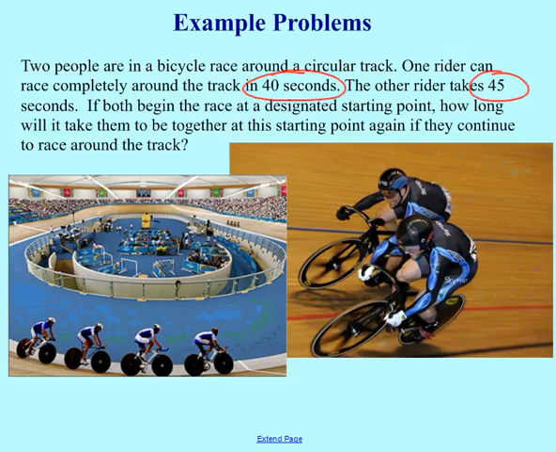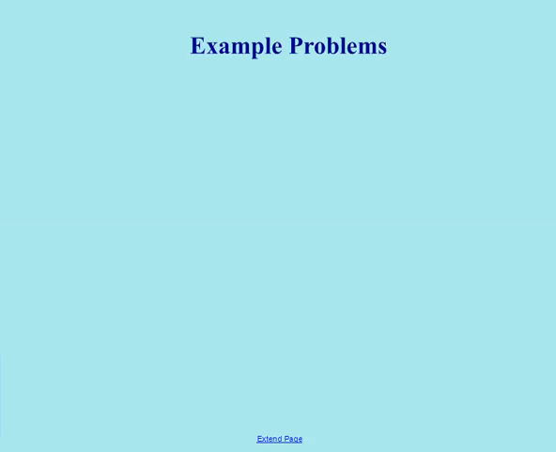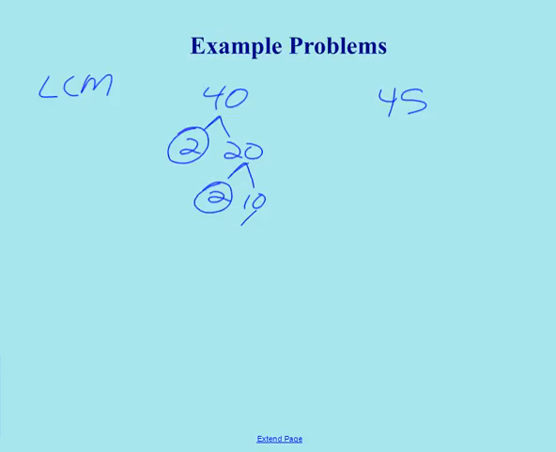So let's do that. So we're finding the LCM of 40 and 45. So prime factorizations. So 40, we can do 2 and 20, 2 and 10, 2 and 5.